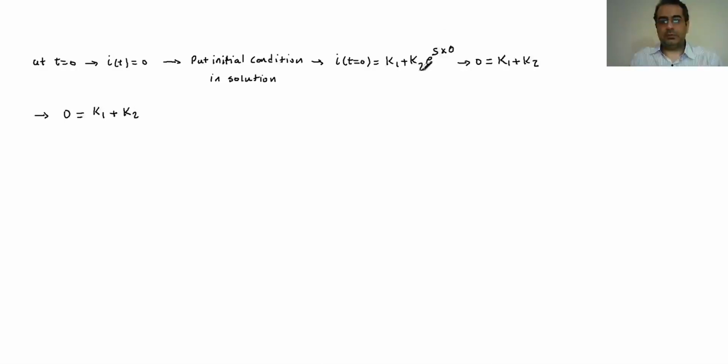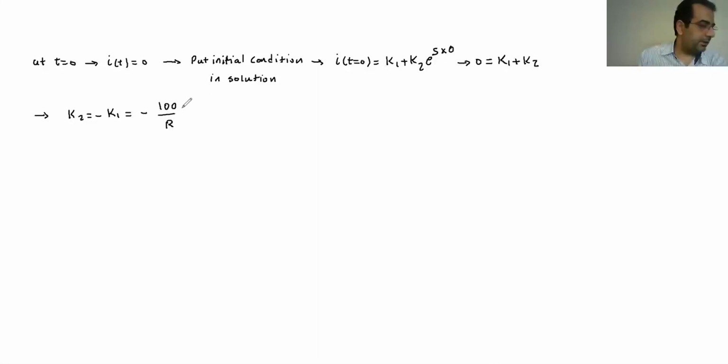But that is also going to be, e to the power of 0 is going to be 1. And if we solve that, what we are going to get is K2 is negative K1, and K1 was 100 divided by r, so it's going to be negative 100 divided by r.